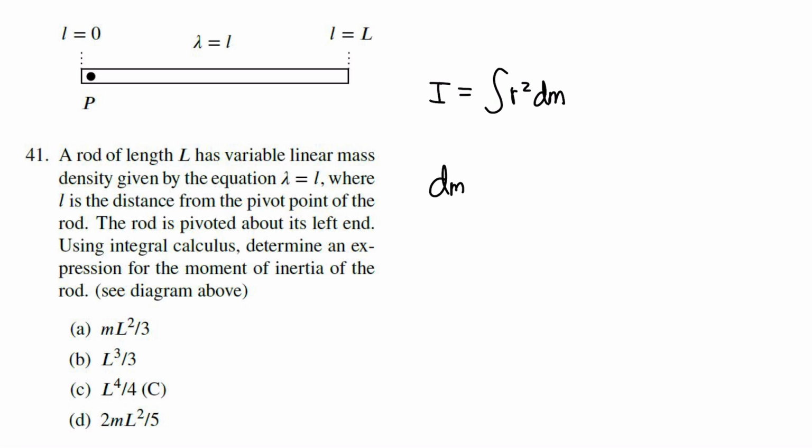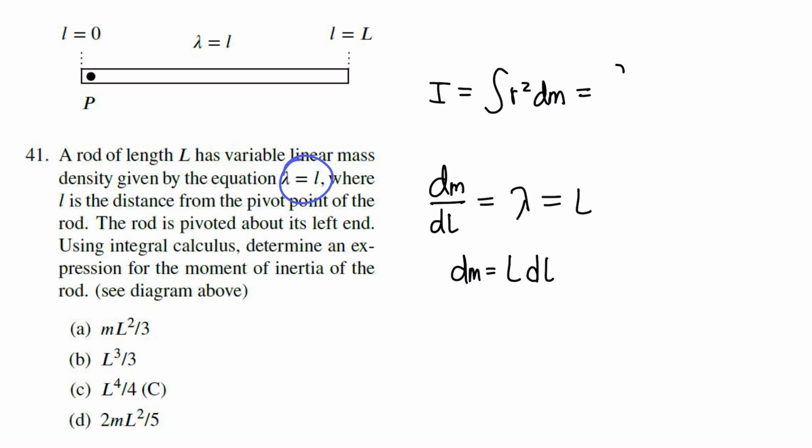So dm by dl in this case would be equal to the linear mass density, the mass per unit length, which they told us is equal to L. That's the variable part. So dm is equal to L dl.